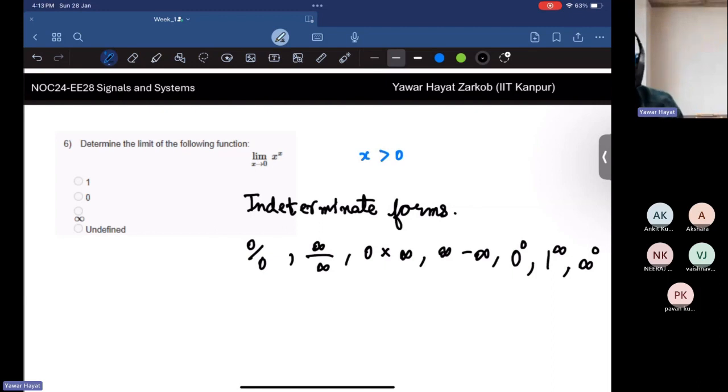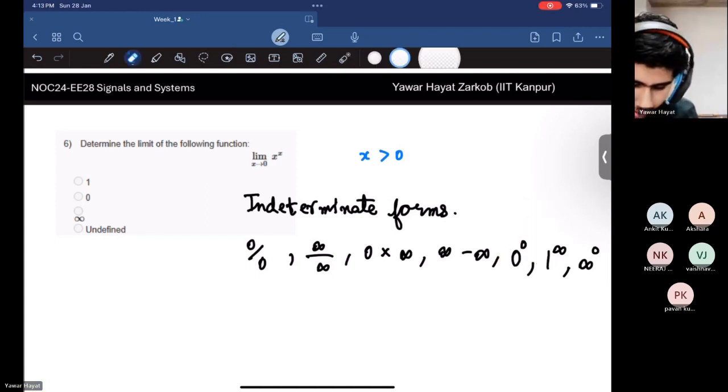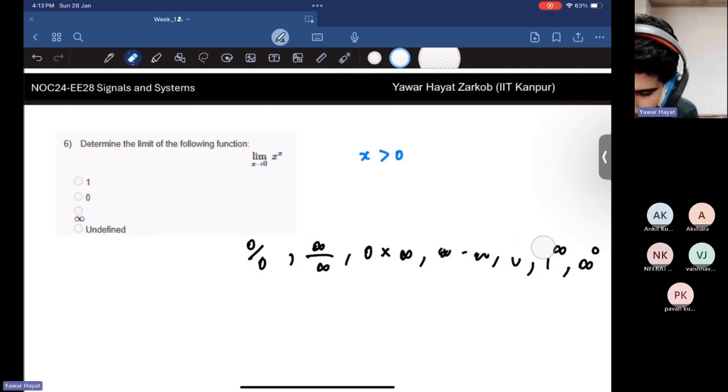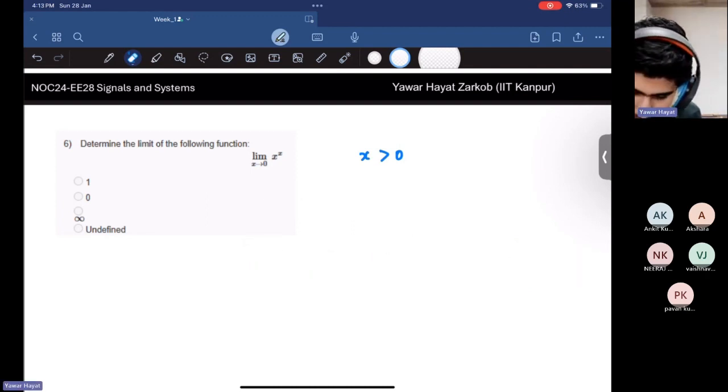The idea is if using direct substitution you get one of these forms, then you cannot readily use direct substitution. If I directly substitute x as 0, then I would get 0 power 0, this one. So I cannot readily use direct substitution in the current form. But what I can do is the following.